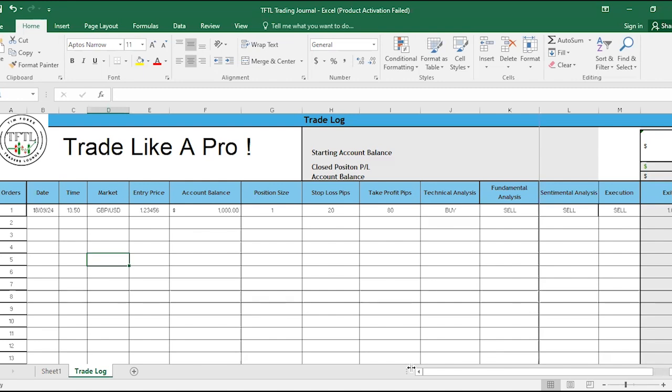The number 4 reason why you need this trading journal is to learn from your mistakes. We know that mistakes are inevitable in trading, but when you have a trading journal, it enables you to learn from these mistakes, because you'll be analyzing your losing trades, and therefore you can pinpoint errors in your analysis, timing, or emotions, and prevent them from being repeated.